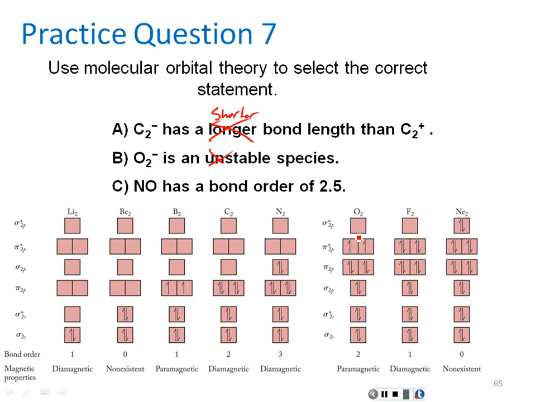Because all the molecular orbitals we've looked at so far are for homodiatomic molecules. We haven't looked at a molecule that has two different atoms in it. But let's just use, for sake of argument, the pattern here from O2.